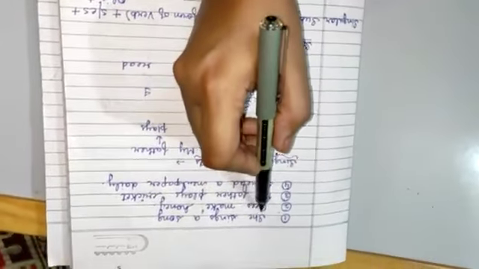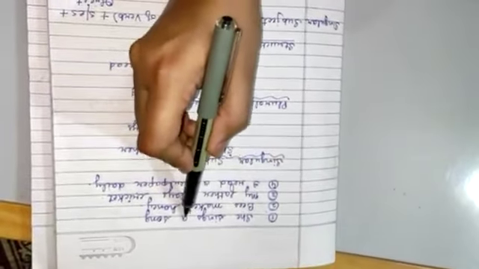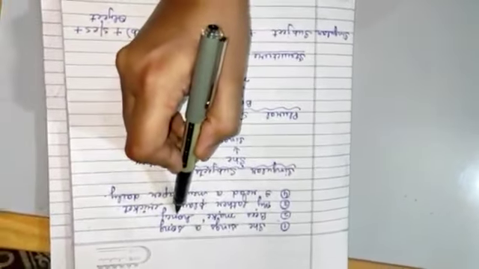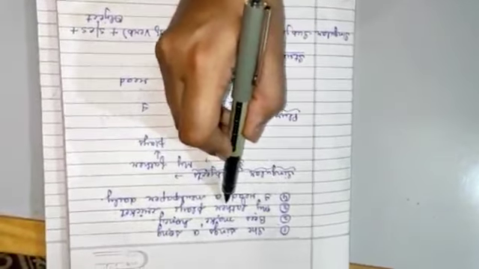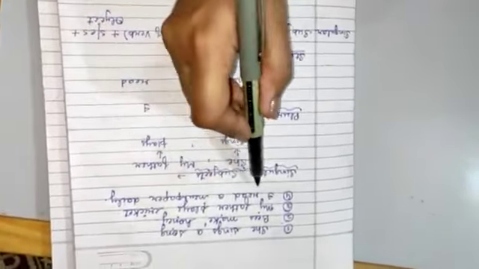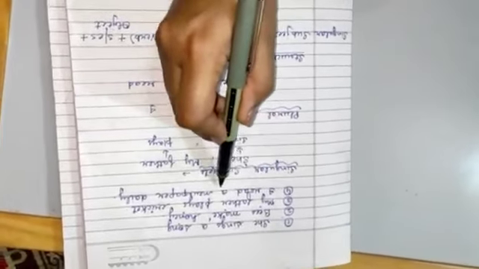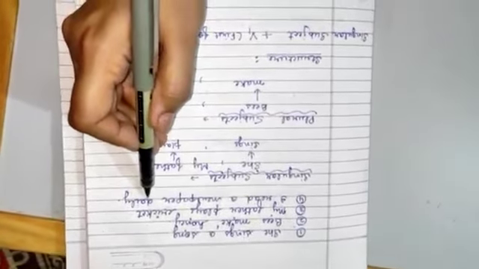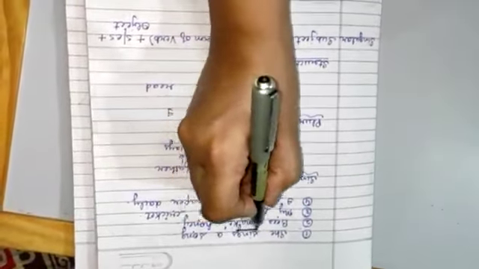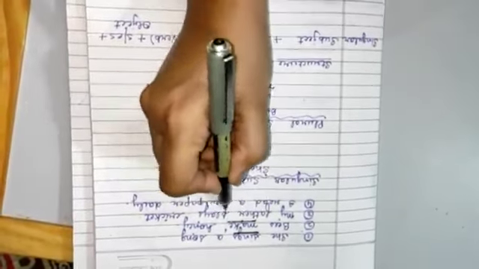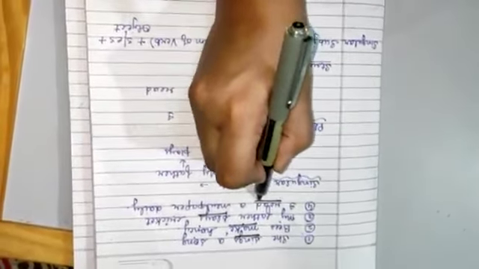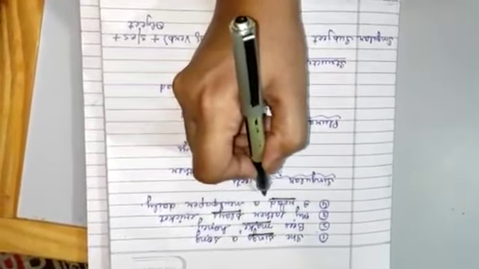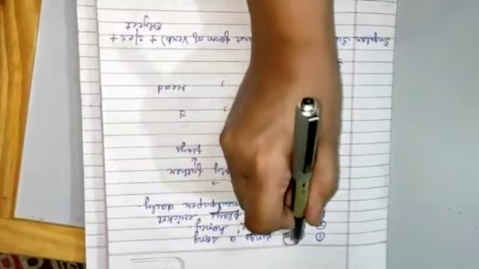Let's see the examples. She sings a song. Bees make honey. My father plays cricket. I read a newspaper daily. Now you will observe, kids, that the verbs in these sentences change with the change of the subject.